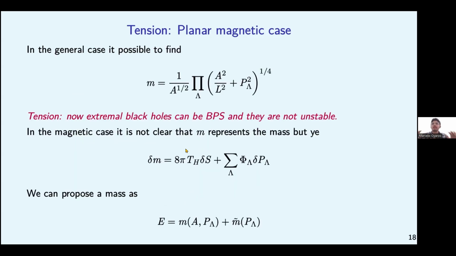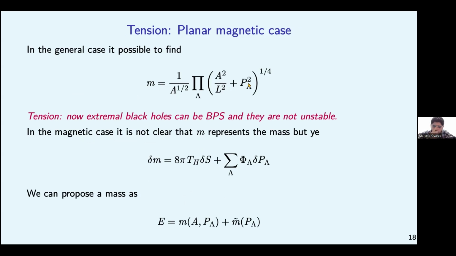So this tension can be realized in a sharper way, because you can solve again the small m parameter in terms of the horizon area and the magnetic charges. So you can run the argument again and say, okay, these are unstable. But this is a contradiction, because the BPS state should be a stable vacuum state, because it's a zero temperature black hole. One expects that this is good.